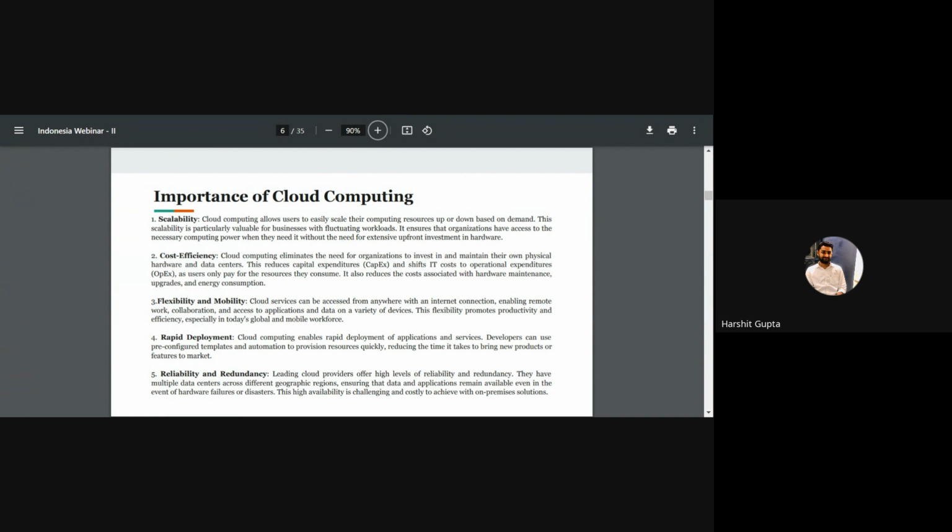If we look at the importance of cloud computing, we firstly find that it is scalable. Cloud computing allows users to easily scale their computing resources up or down based on demand, which is a very fantastic option of cloud computing.